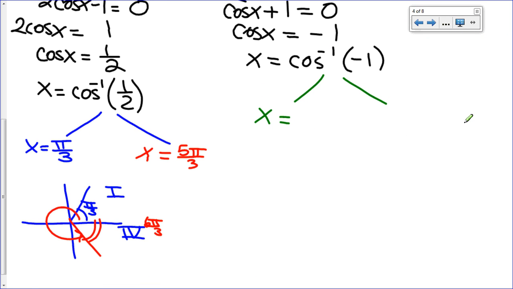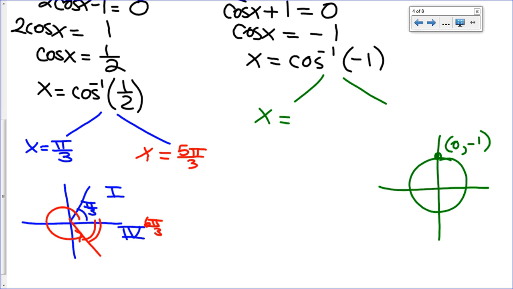So where is the x equal to negative 1? At pi. That's it. There's nothing else that has a cosine of negative 1, unless we add 2 pi, but then we will be over 2 pi. So we don't want to do that.